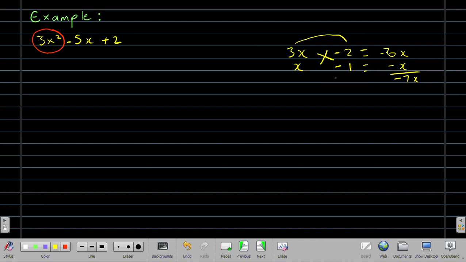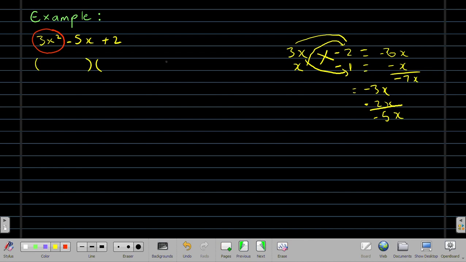So we then try a different way. We multiply 3x with minus 1, and then we multiply x with minus 2. What that gives us is a negative 3x and a negative 2x, and if we add those together, they give us a minus 5x, which is our middle term, which means that we are probably correct in our factorization.